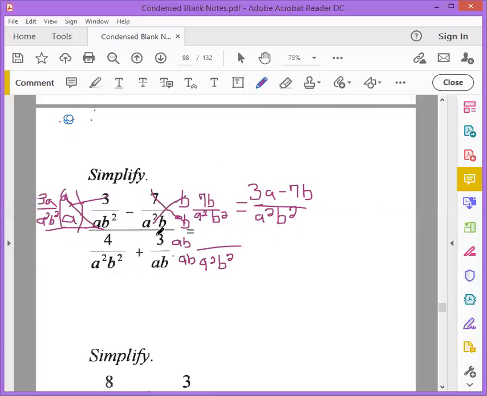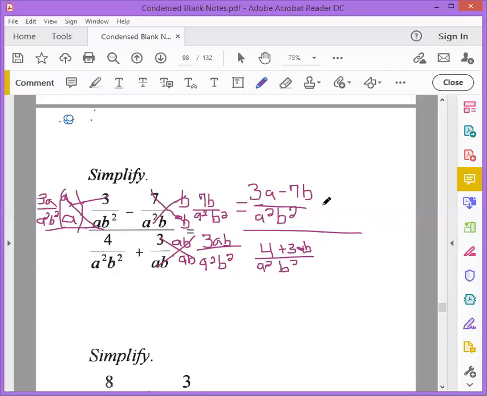Now, in the numerator, we have 3 times ab. So we'll write that as 3ab. Now, here we are combining these terms to write our new denominator. So we have 4 over a squared b squared plus 3ab over a squared b squared. So keep the denominator of a squared b squared. And in the numerator, 4 plus 3ab.